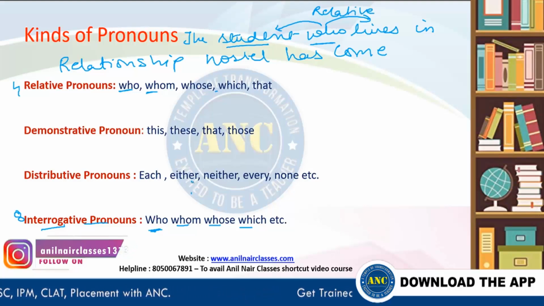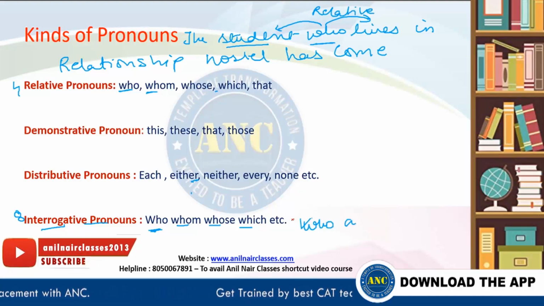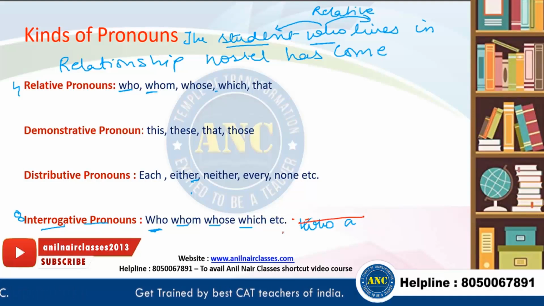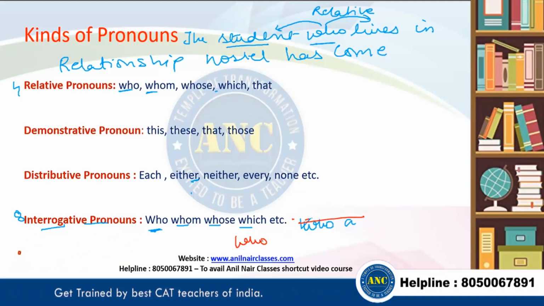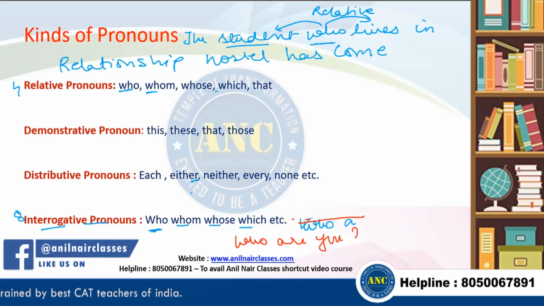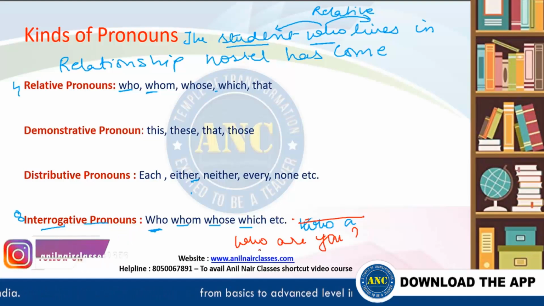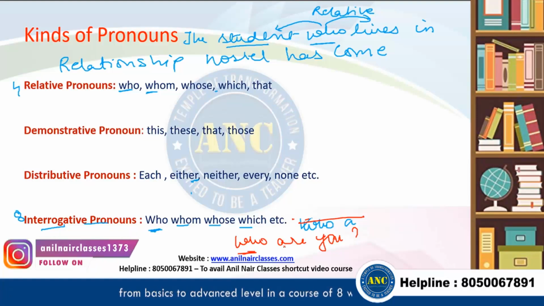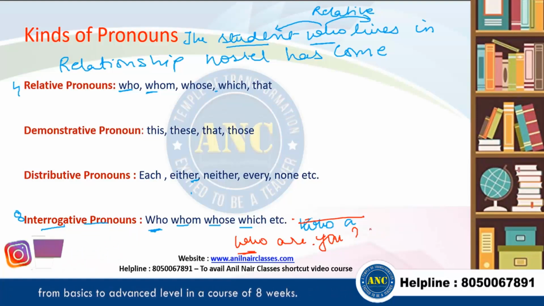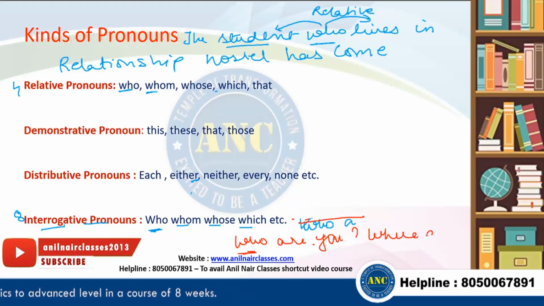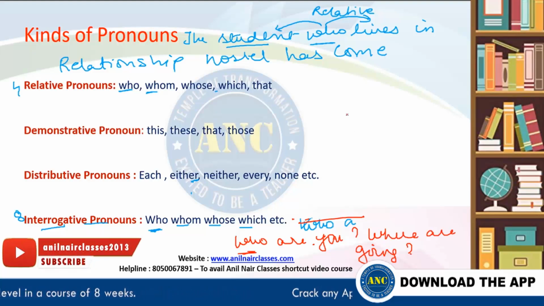But if I say, who are you? I'm asking a question here. The word who is functioning as an interrogative pronoun. If I say, where are you going? It's again an interrogative pronoun.